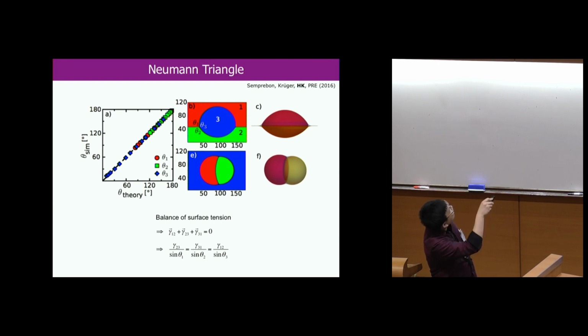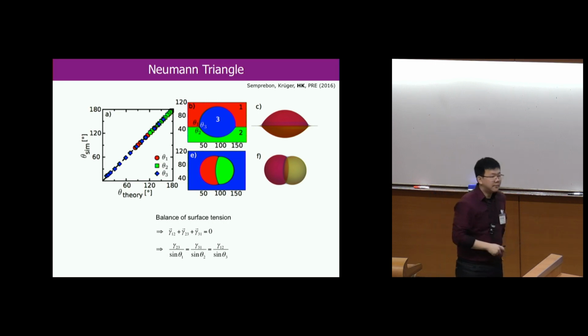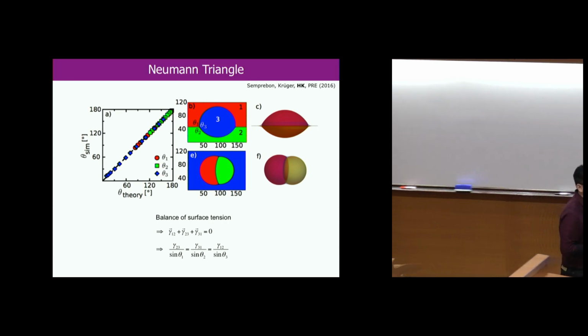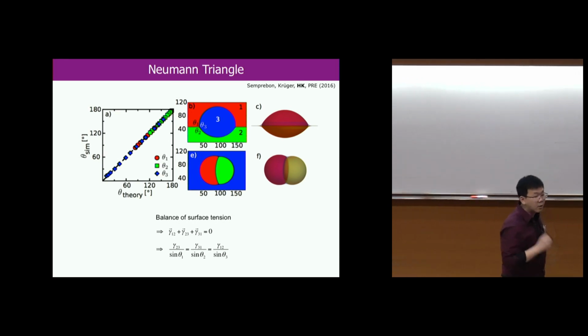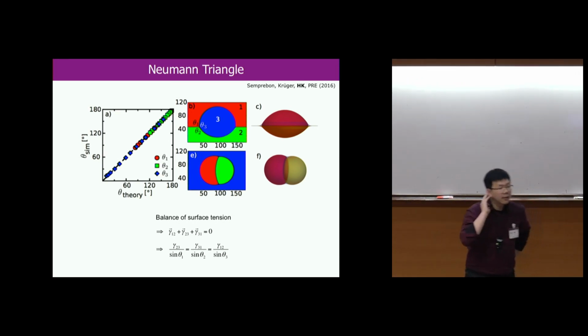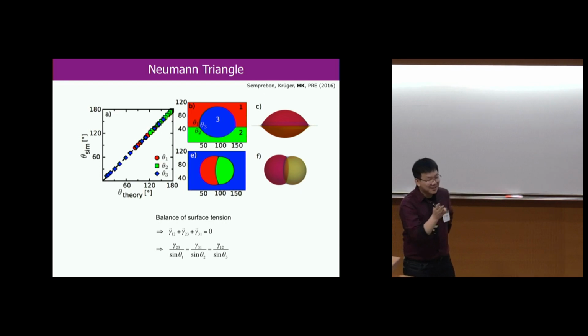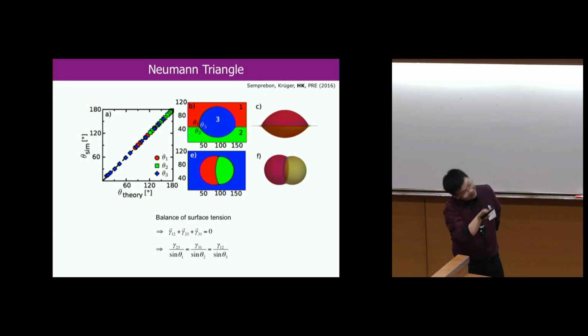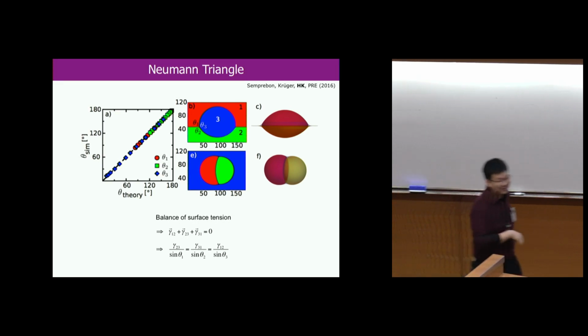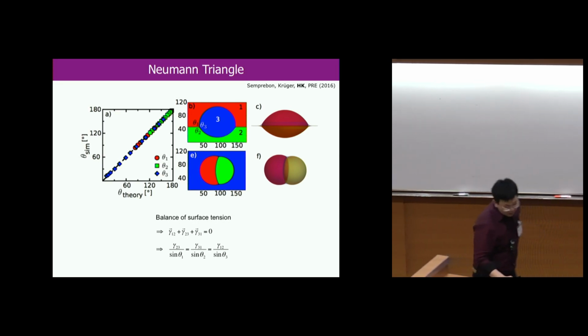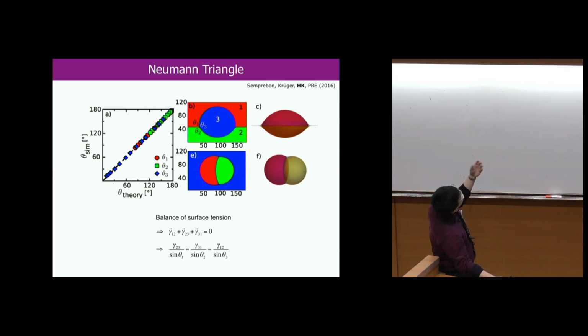You see that our implementation reproduces the Neumann angle quite accurately. Rho, the density? Yes, this is equal density, so the density is the same everywhere. In the second part, wait for 2 slides, I'll tell you how we introduce density ratio. Okay, so this is basically introducing surface tension in the system.